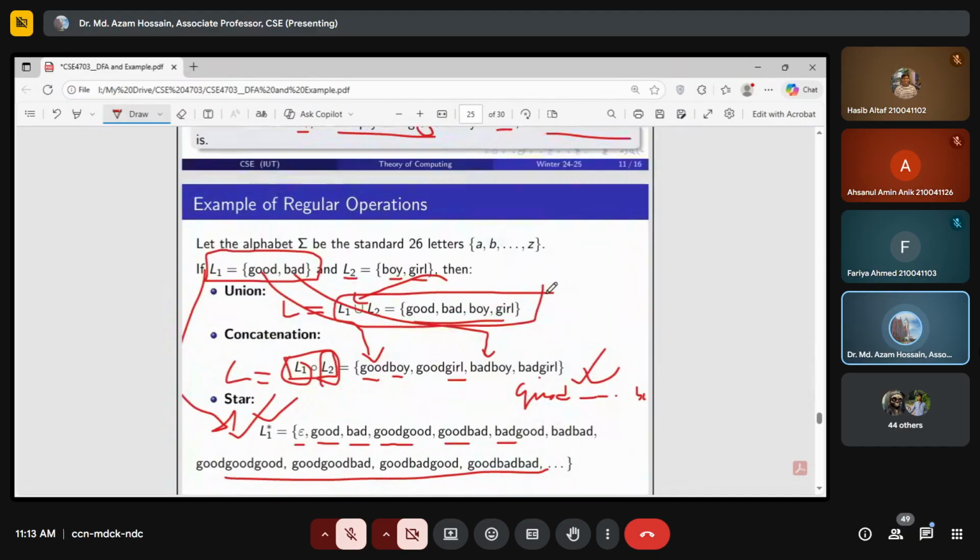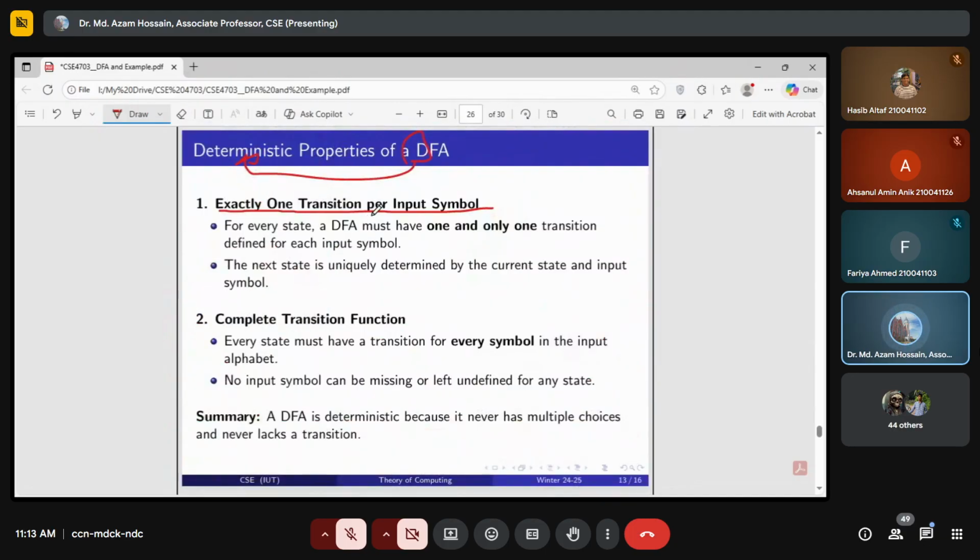I'm repeating again. Exactly one transition per input symbol. For every state, a deterministic finite automaton must have one and only one transition defined for each input symbol. So one input symbol can only have one transition from one state to another state. And the next state is uniquely determined by the current state and input symbol.